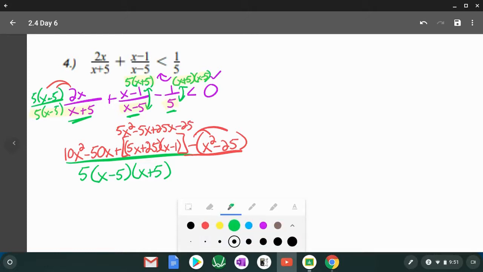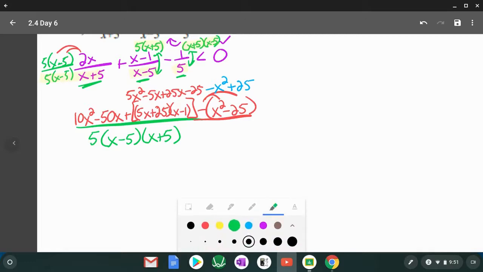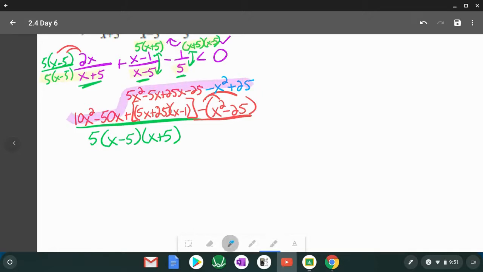Go ahead and combine these like terms. We'll write this so it looks a little bit nicer above. So in this top, we're looking at all of, let's go purple, all of this. That's our whole numerator. So we go ahead and look for our like terms.